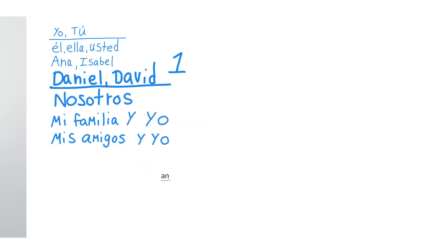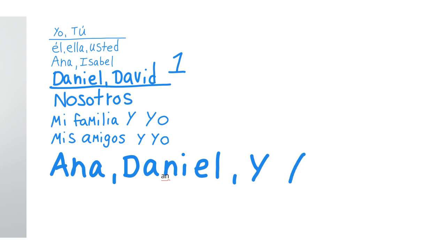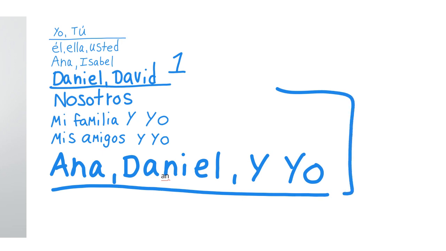You could even see a group of several people, including yourself, like Ana, Daniel, y yo. For all of these, they're all going to need the verb in the nosotros form.